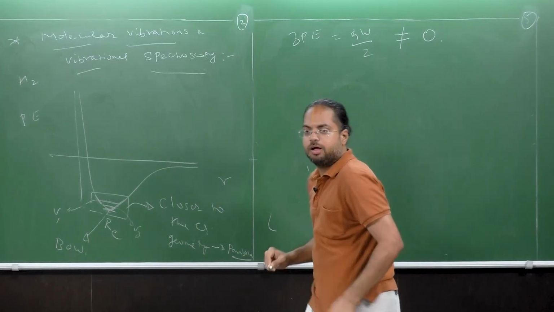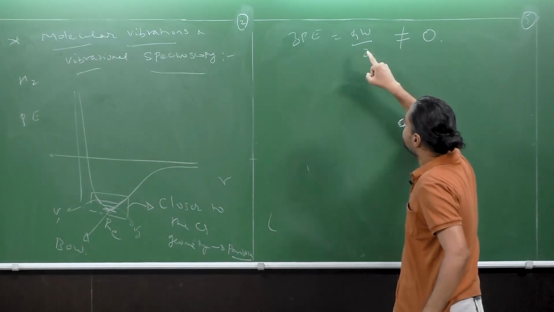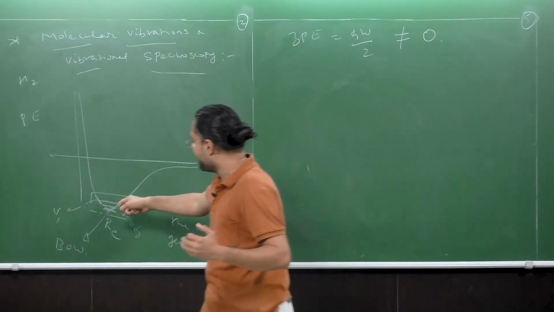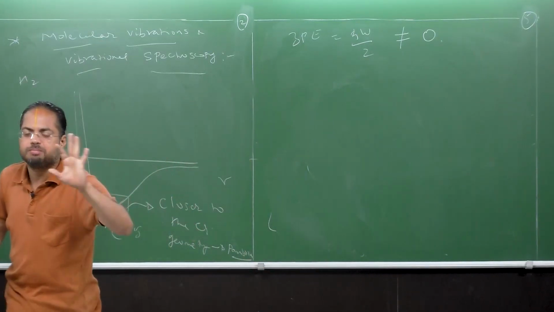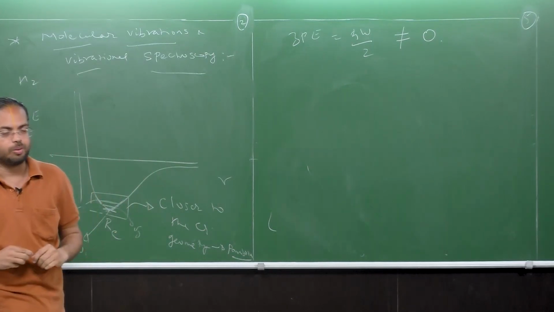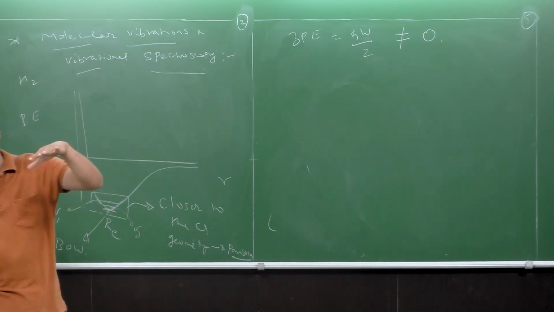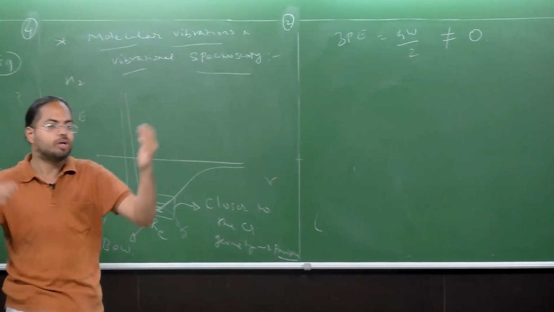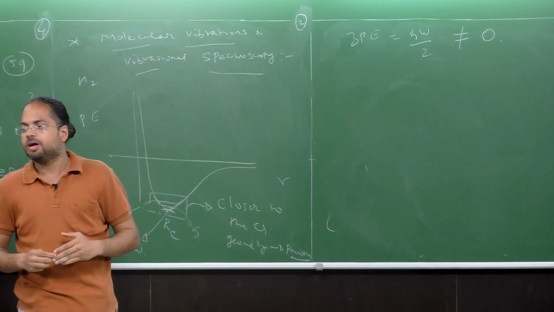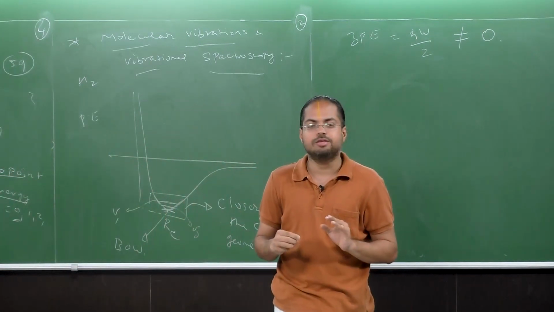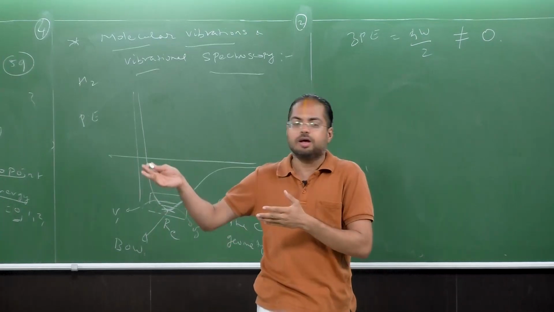What this tells us is that even at 0 Kelvin, at very low temperatures, we're not going to reach the zero of the energy itself. This is somewhat analogous to what we see in thermodynamics, that the entropy of any system, even at absolute zero, is non-zero.